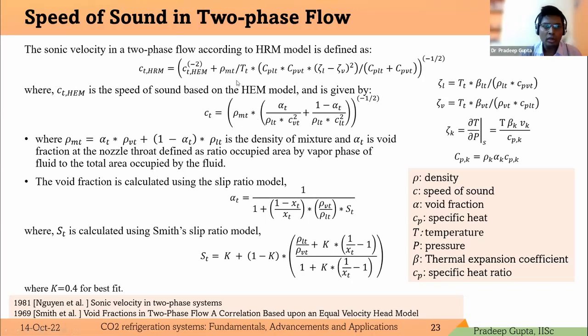It is reported that the HRM model provides around 15% better results than the HEM model. So we just use these equations, taken from these references. Here alpha is the void fraction, S_T is the slip ratio, and K is a constant which has a value of 0.4 for best fit.